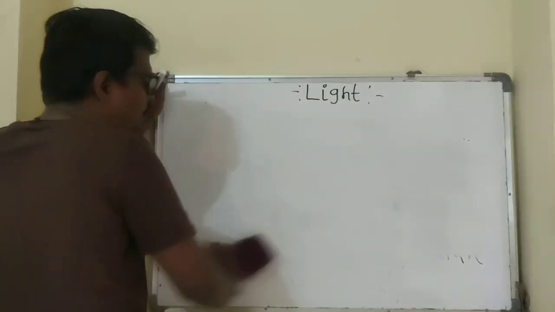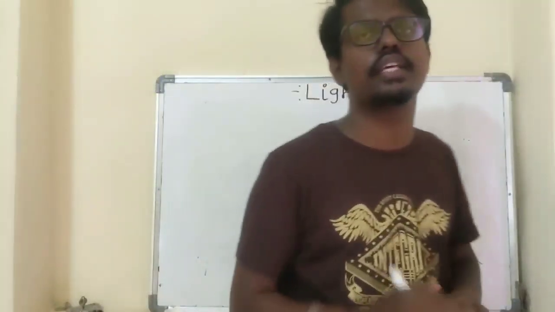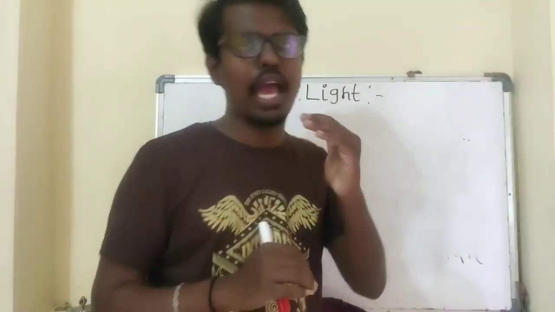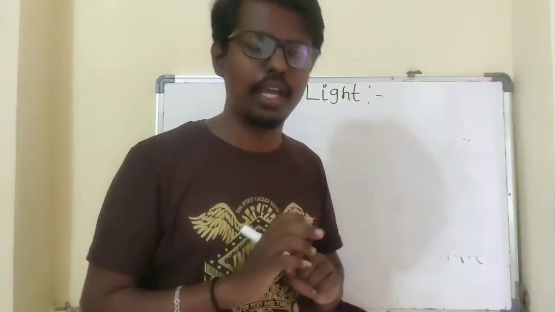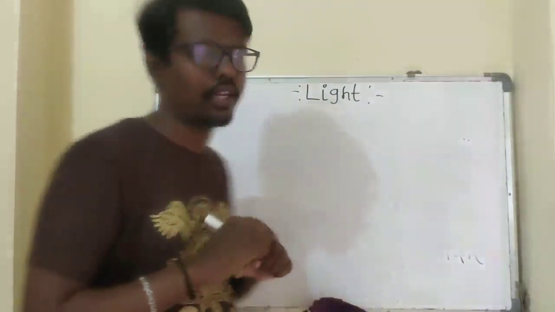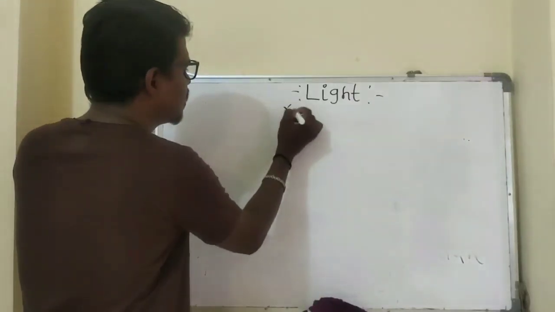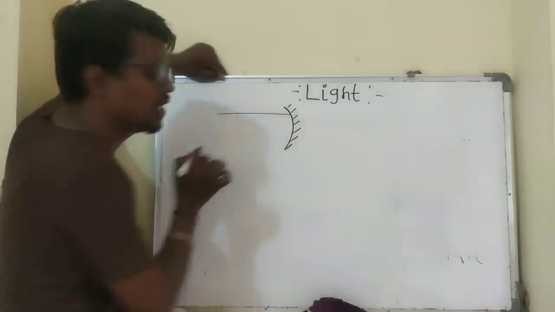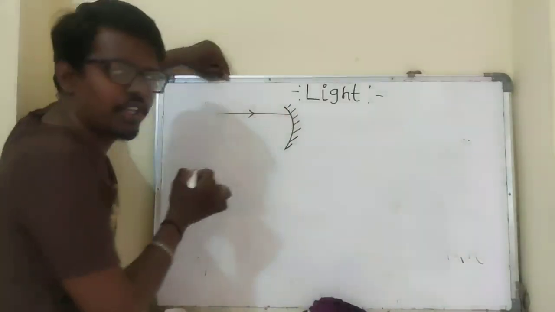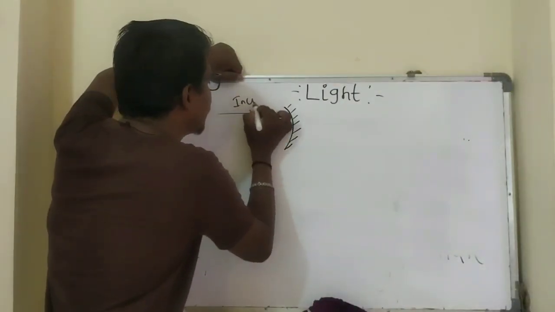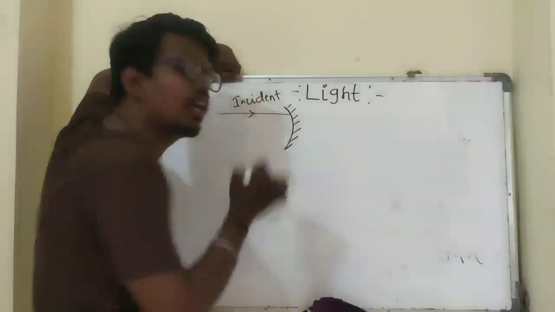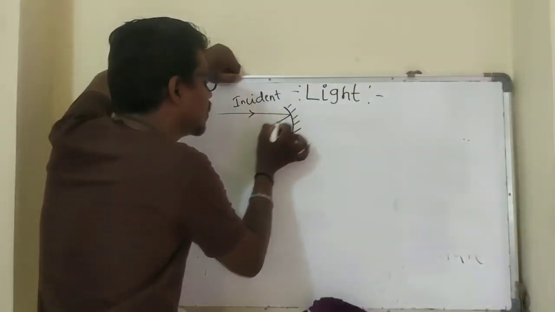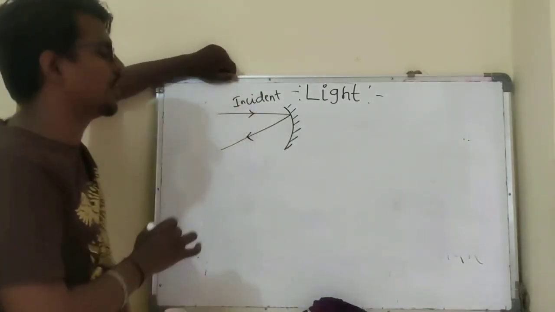The ray which falls on the surface of the mirror is the incident ray. The ray which comes back after falling on the surface of the mirror is called the reflected ray. If we take this as a concave mirror, this is the incident ray, and the ray which comes back from the surface of the mirror is the reflected ray.